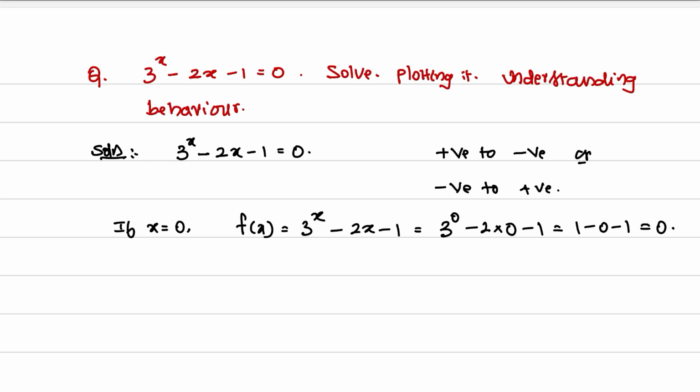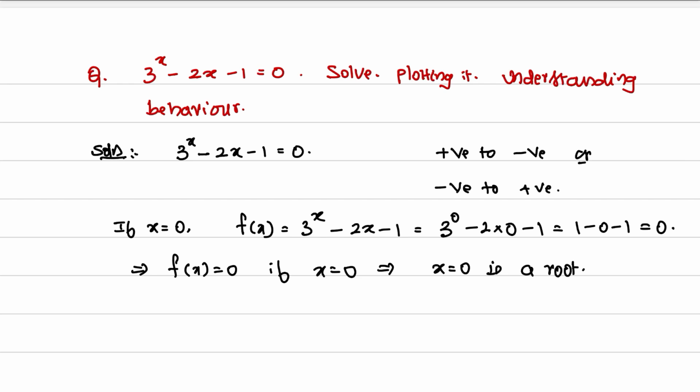That means f(x) is equal to 0 when x is equal to 0. That satisfies the given equation. Hence, x is equal to 0 is a root of this given function.